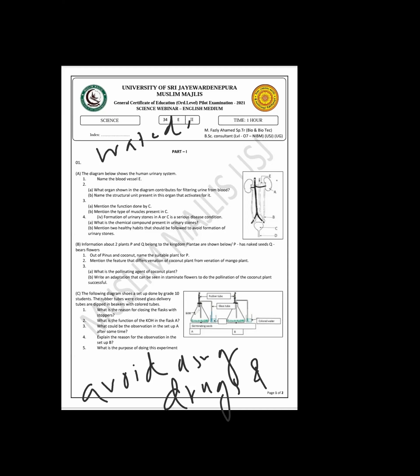Information about two plants P and Q belonging to the kingdom Plantae is given below. P has naked seeds. We can consider dicotyledon and monocotyledon.